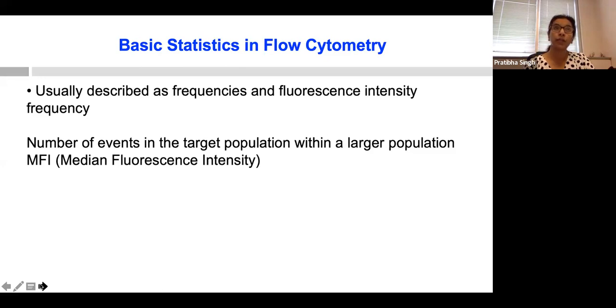If you want to see receptor expression on a particular cell type, or on the cell surface, whether it is increasing or decreasing, you should use the mean fluorescence intensity. These are the two primary ways to get the statistical data in flow cytometry.